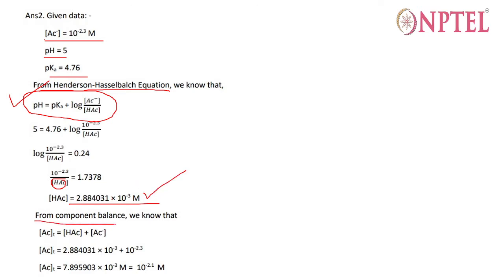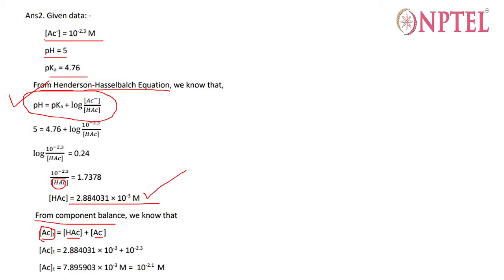So from the component balance, you can write that Ac total, the acetate ion concentration total, can be in two forms, right? It can be with HAc or acetate ion form.